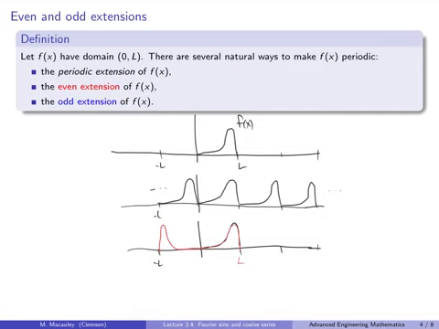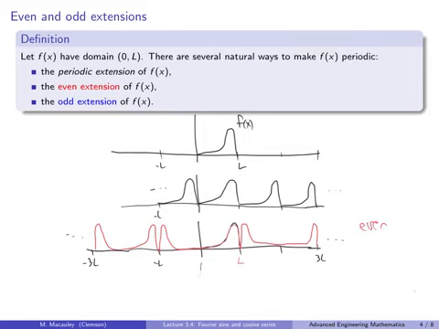So this is L. And now we make this thing periodic. So we copy paste that thing, and so forth. This is negative 3L. This is 3L. So this is the even extension.